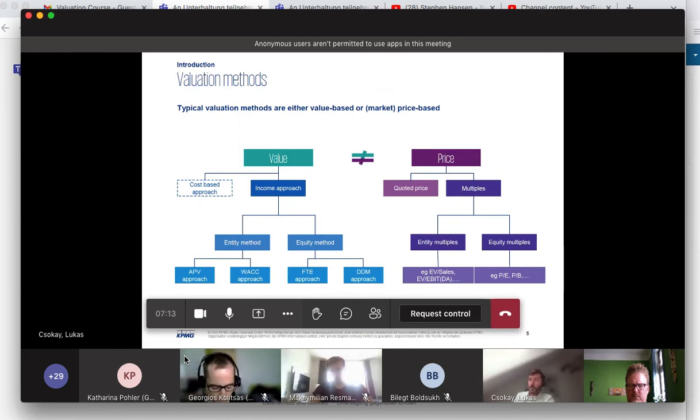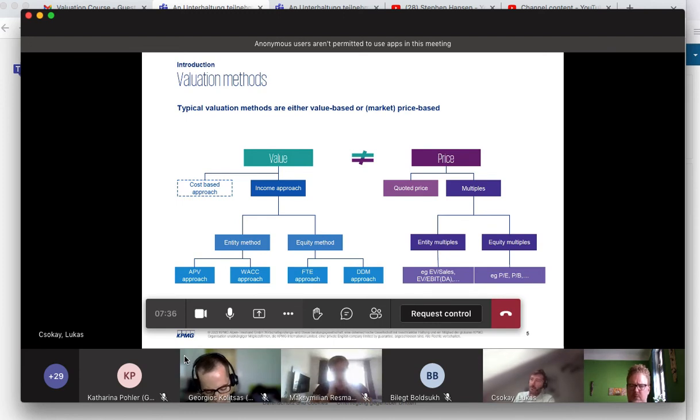Or what you can also do is use multiples. Multiples are also price-based, and there you also have a distinction between entity and equity multiples. For example, the EV sales, entity value to sales multiple, EV EBITDA, and so on.